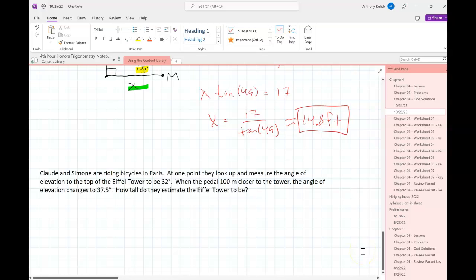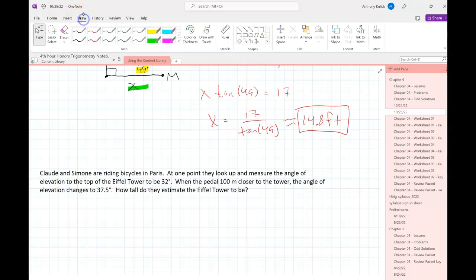Claude and Simone are riding bicycles in Paris. How romantic. At one point, they look up and measure the angle of elevation to the top of the Eiffel Tower to be 32 degrees. Everybody cool with what I drew there?